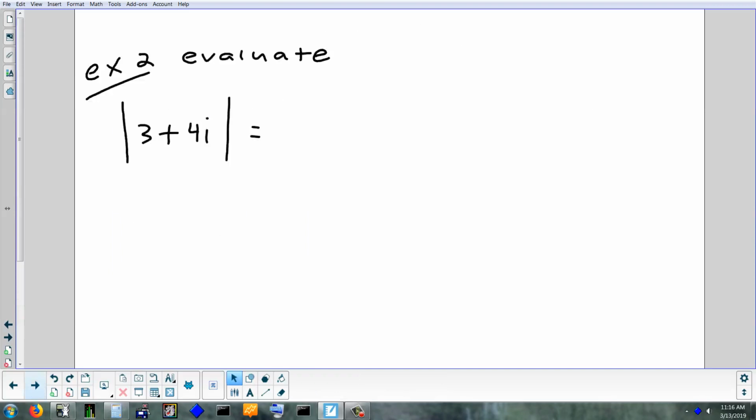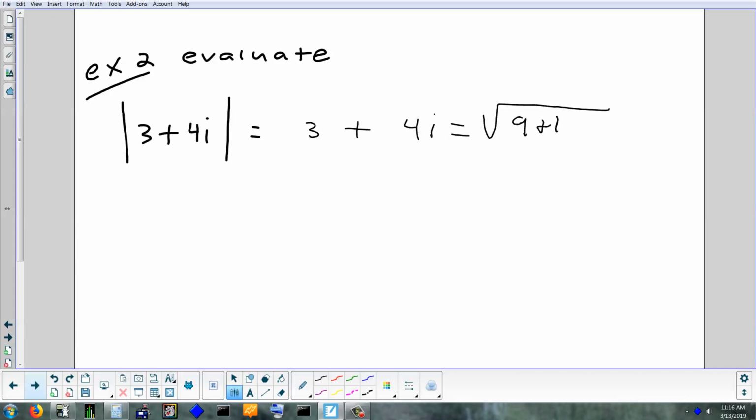So let's try this one. So the formula, I think it's simple enough. You really don't need to make a sketch. You pretty much could just plug into the formula. So if I wanted to plug in, what would I write down for this one? Okay. 3 plus 4i equals the square root of 9 plus 16.